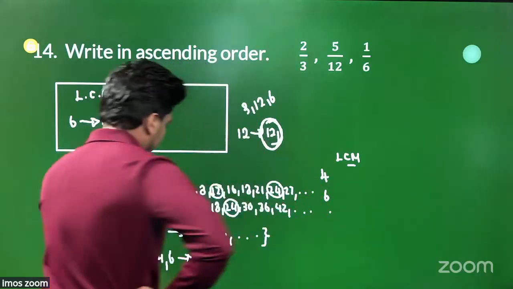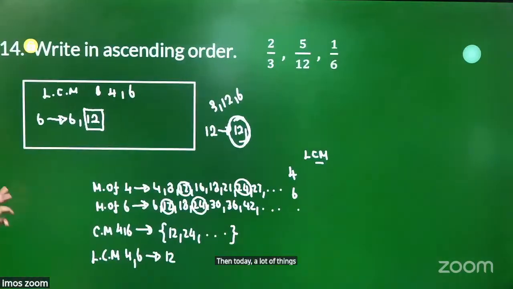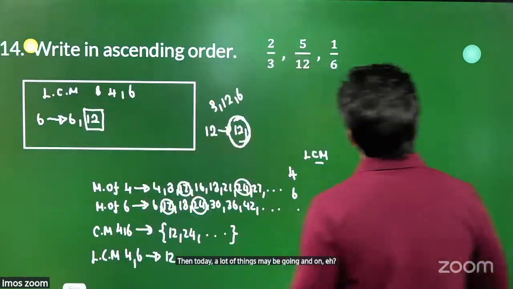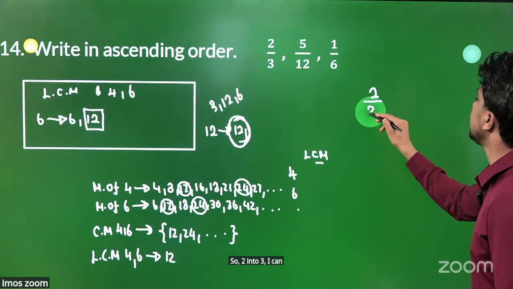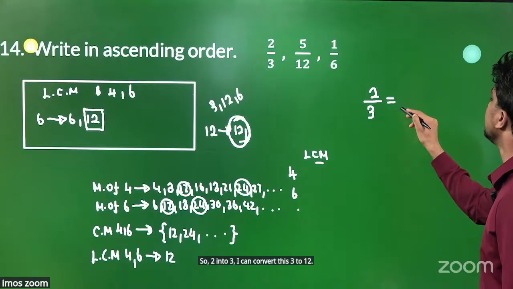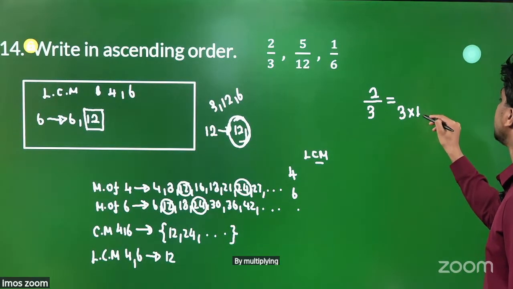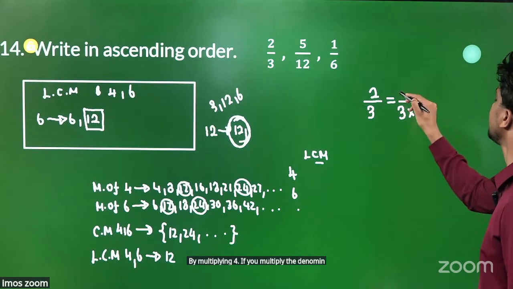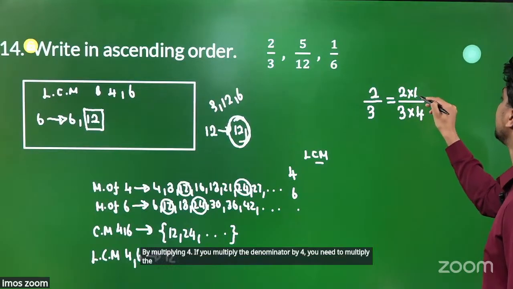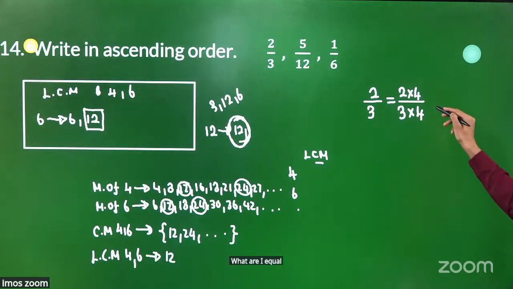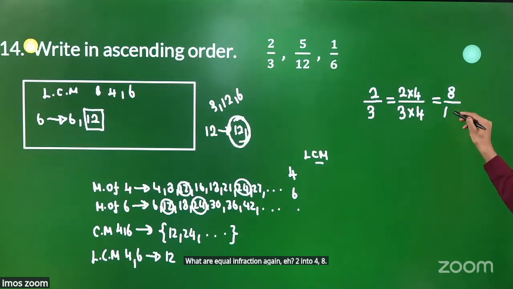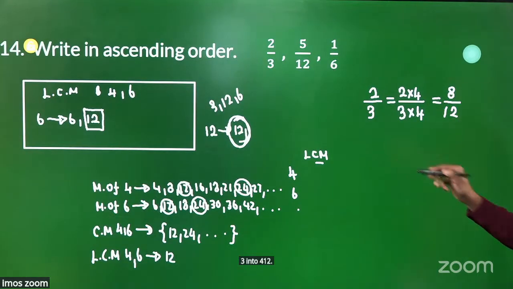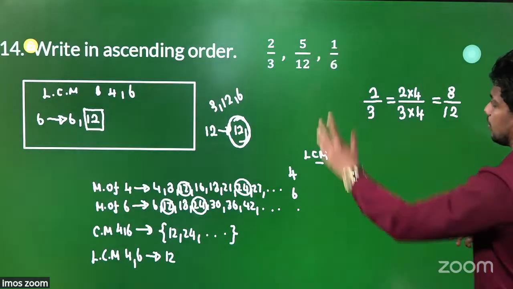Then 2 over 3. I can convert this 3 to 12 by multiplying by 4. If you multiply the denominator by 4, you need to multiply the numerator by 4. Then the equivalent fraction is 2 into 4 is 8, 3 into 4 is 12. The other fraction is 1 over 6.